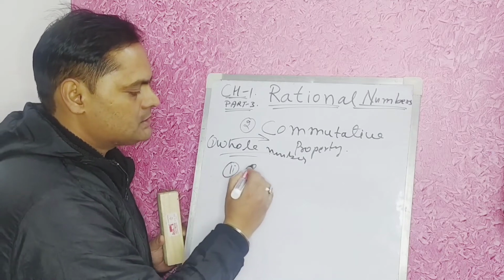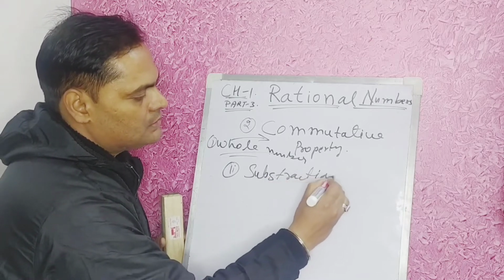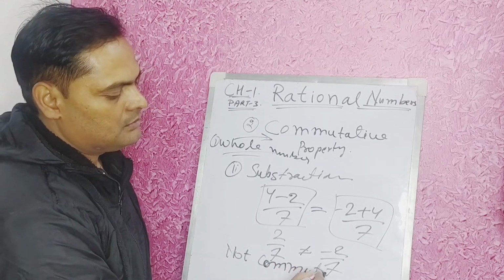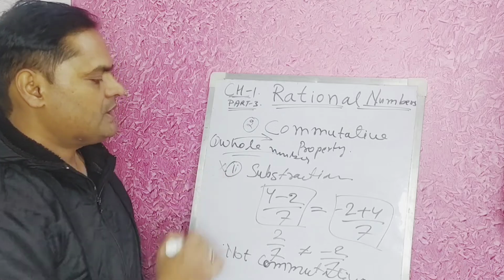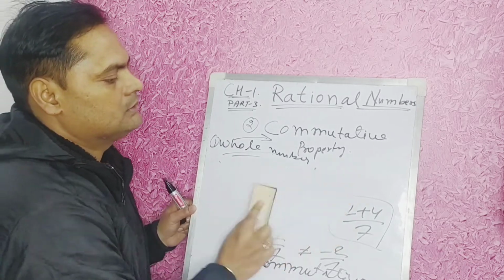The second one is subtraction. So in the subtraction commutative property, subtraction is not meeting the commutative property in the whole number.